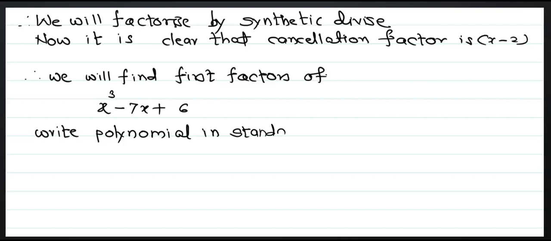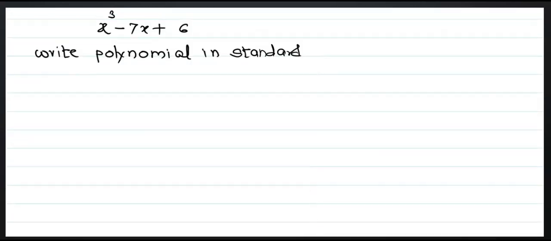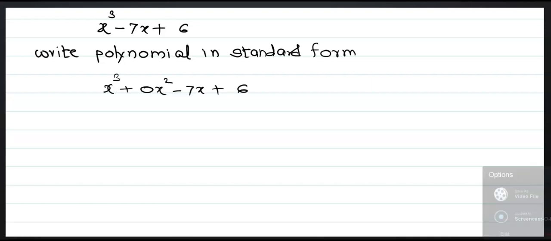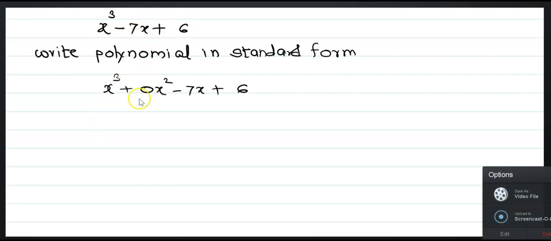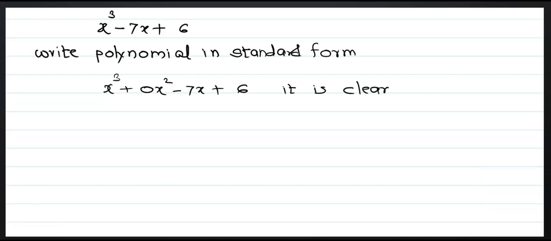Write the polynomial in the standard form: x cube plus 0x square minus 7x plus 6. The x square term is not present, therefore we are writing 0x square. The first power is present as minus 7x, and plus 6. This is in the decreasing order: 3, 2, 1, constant. Therefore, now we'll factorize by using synthetic division.